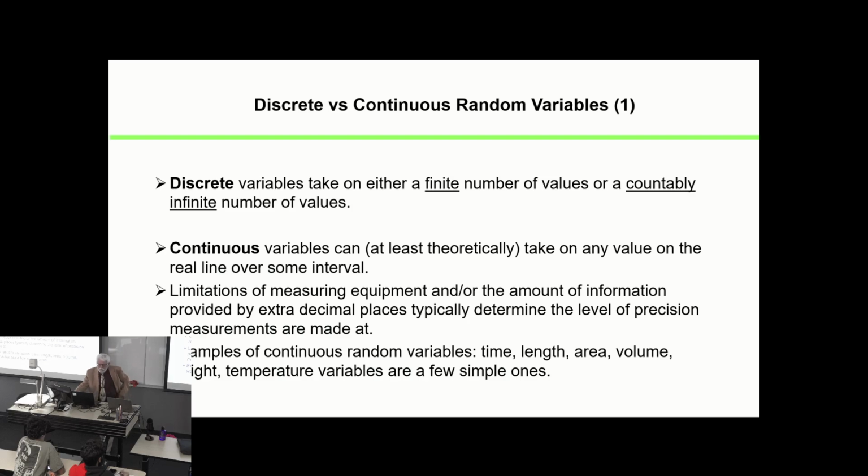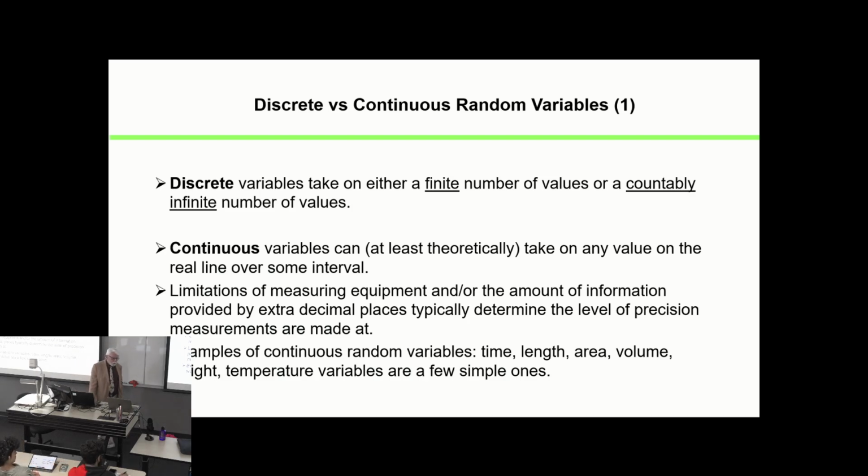So here are some examples of continuous random variables, things that we measure: time, length, area, volume, weight, temperature. These are simply a few simple examples. So consider measuring the weight of something. It could be a person, could be an apple, anything like that.